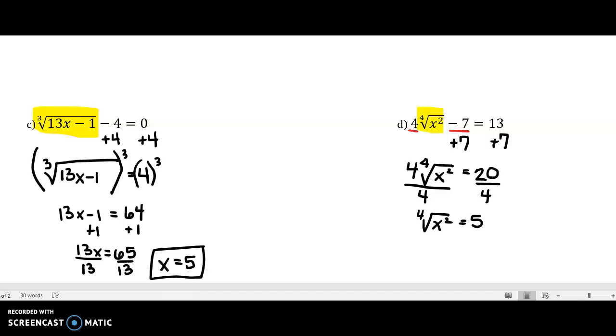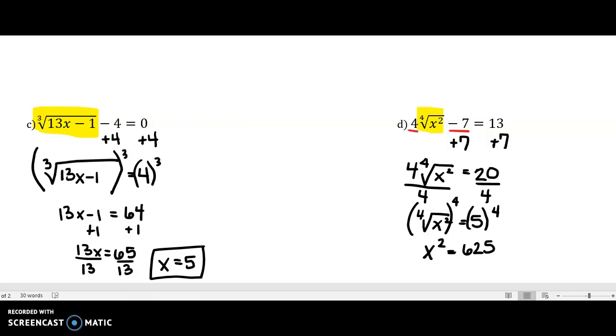Okay, we finally got this highlighted piece, just the radical by itself. So to undo it, I raise it to the 4th power, both sides. And I'm left with what's inside the radical, x squared. 5 to the 4th power is 625. Okay, I'm not done though.